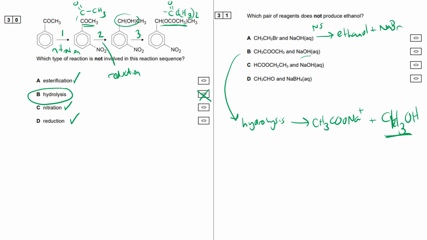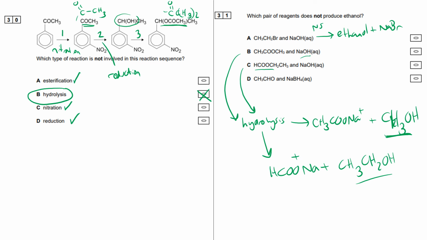Let's just eliminate questions C and D. So in question C, again, it is ester hydrolysis, because you have an ester reacting with sodium hydroxide. You're going to get the carboxylic acid salt, sodium methanoate, and the alcohol here is 2 carbons in length, so you will get ethanol in the second ester hydrolysis.